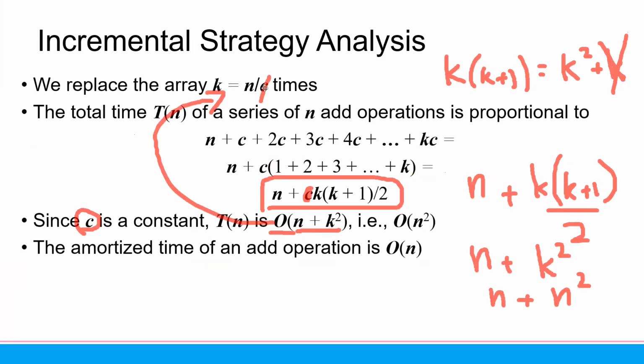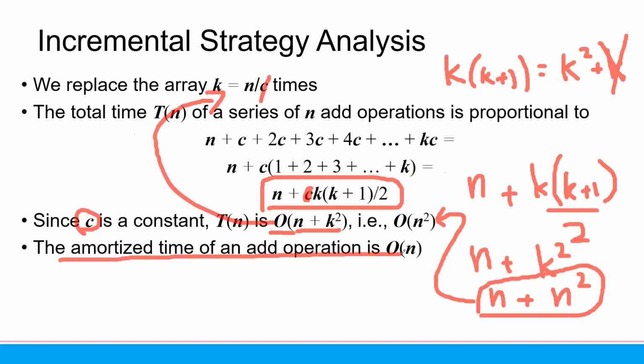So k will be equal to n, and then I have the formula n plus n power of 2. If we have n plus n power of 2, then it will be O(n power of 2). So the amortized time of an add operation is O(n).